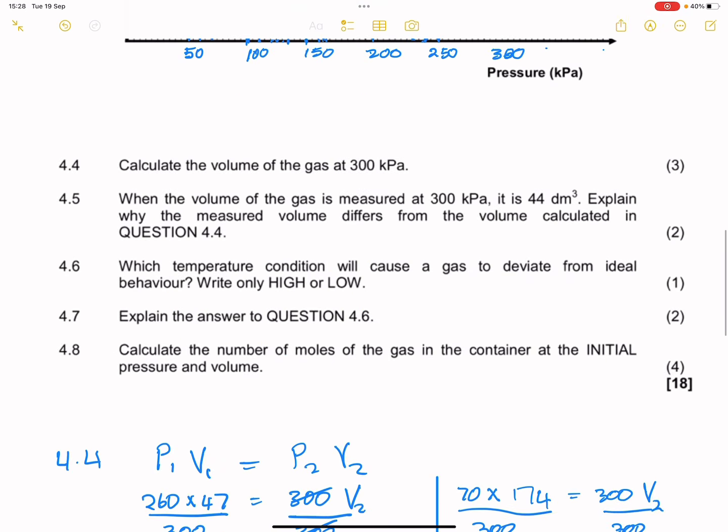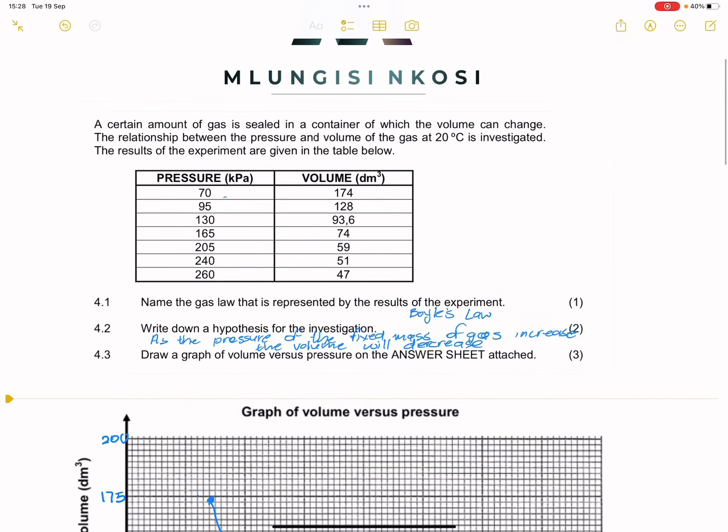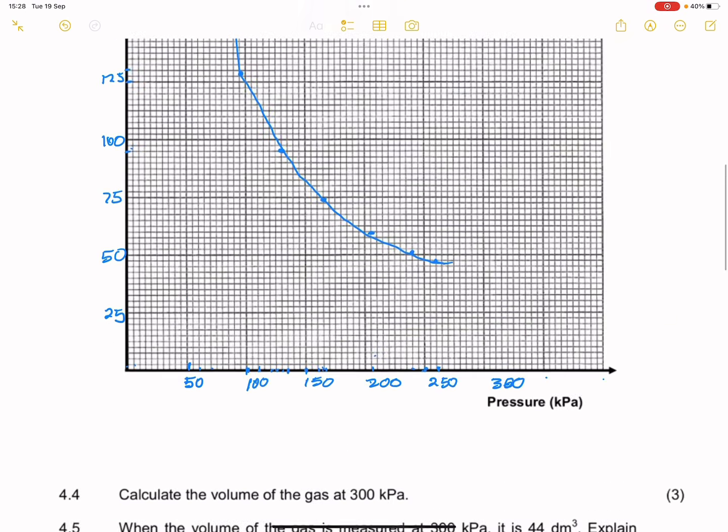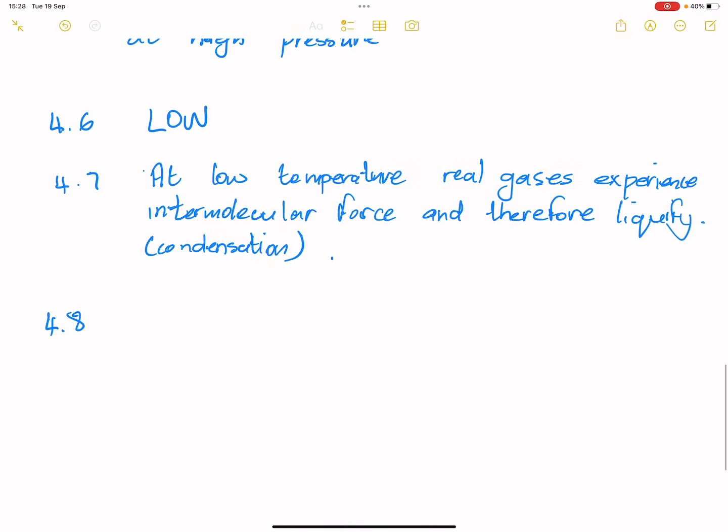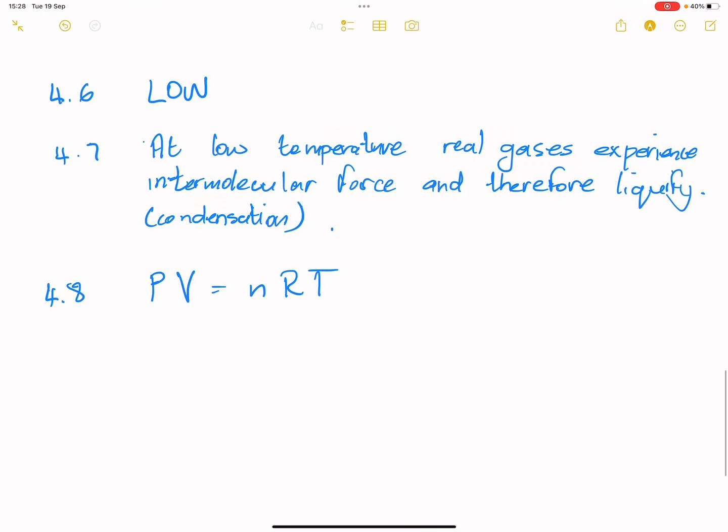So the last one, they say calculate the number of moles of the gas in the container at the initial pressure and volume. At the initial pressure and volume, we had 70 and 174. Of course, we are going to use our ideal gas equation, PV is equal to nRT. Remember that when pressure is in kilopascals, volume has to be in cubic decimeters.